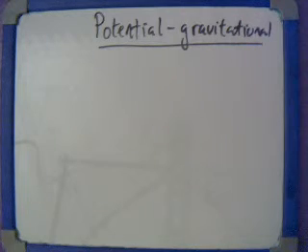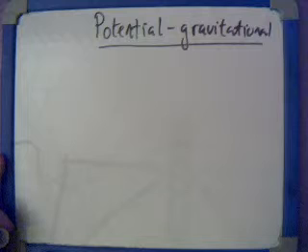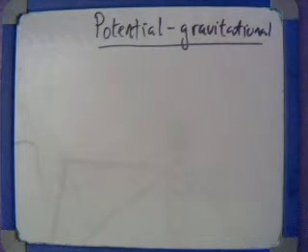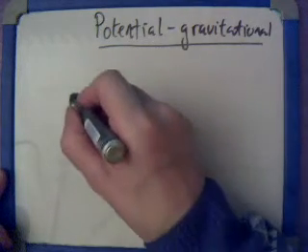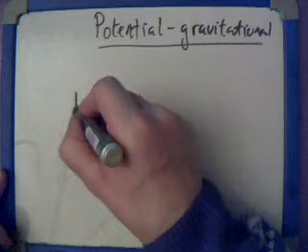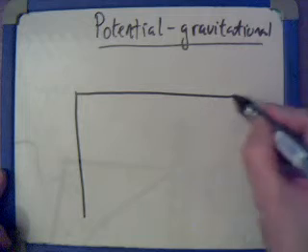Now, a typical graph you'll see in an IB style question will have the y-axis going up like that, and the x-axis drawn like that.